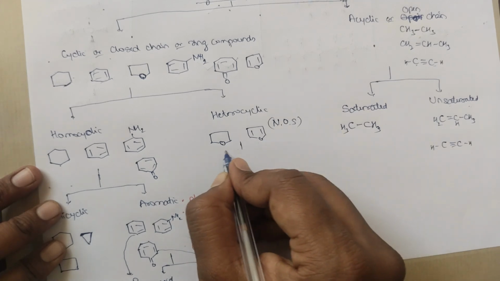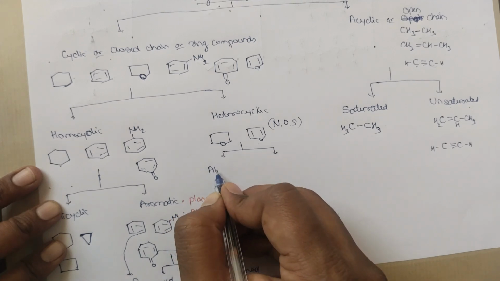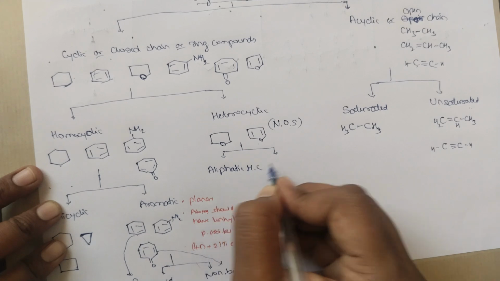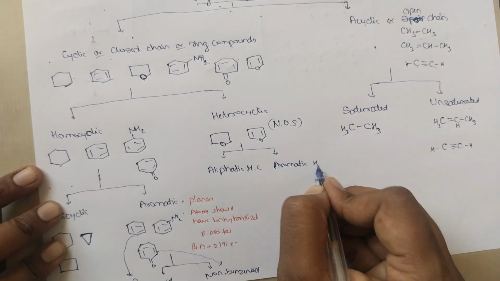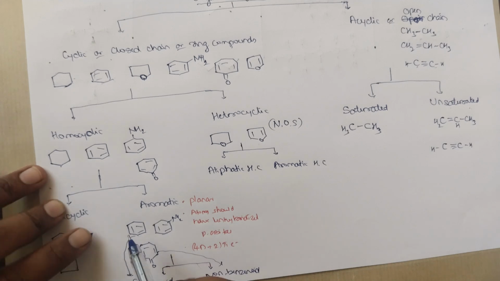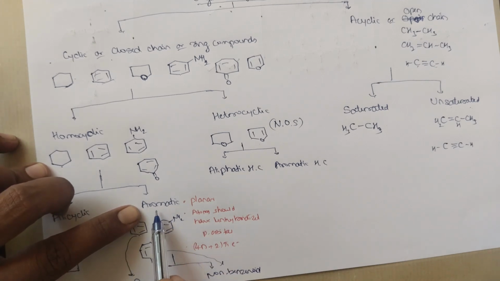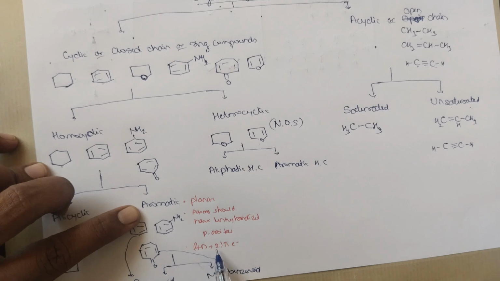We can again classify these as aliphatic heterocyclic compounds and aromatic heterocyclic compounds. Already we know the meaning of aromatic: the compound should be planar, there should be a conjugation of electrons, and it should follow the 4n plus 2 pi electrons.